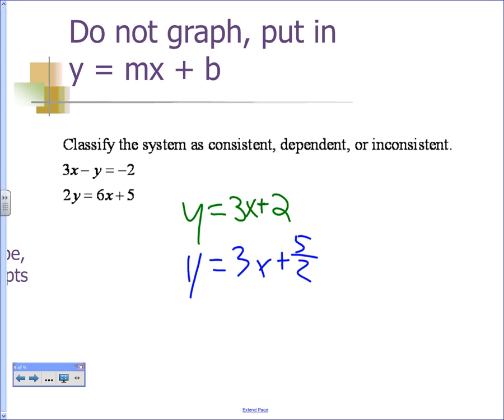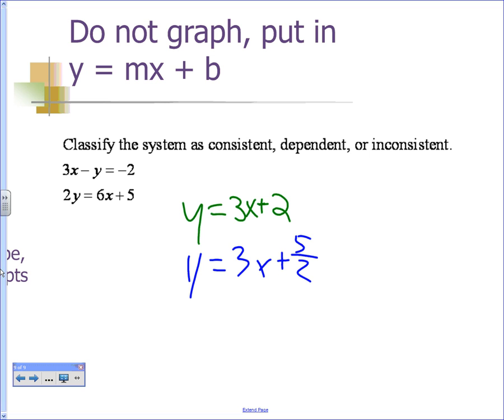Do you agree? Yes. Okay. So what kind of slopes do they have? Same slope, but are they the exact same line? So not dependent. What are they? Inconsistent. Any questions on the terms?